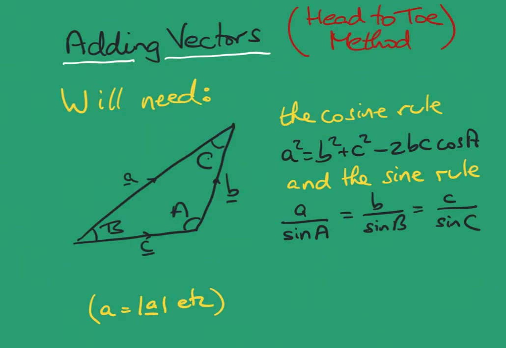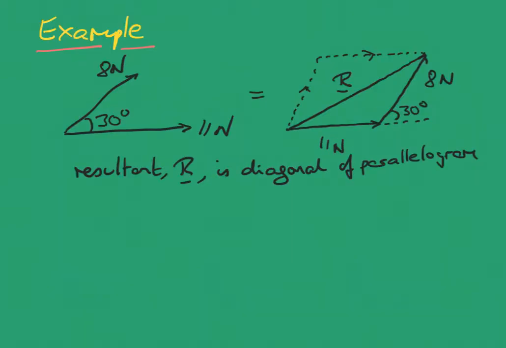So the units all make sense. And what I want to do now is, on the next slide, use these two results and add two vectors together.